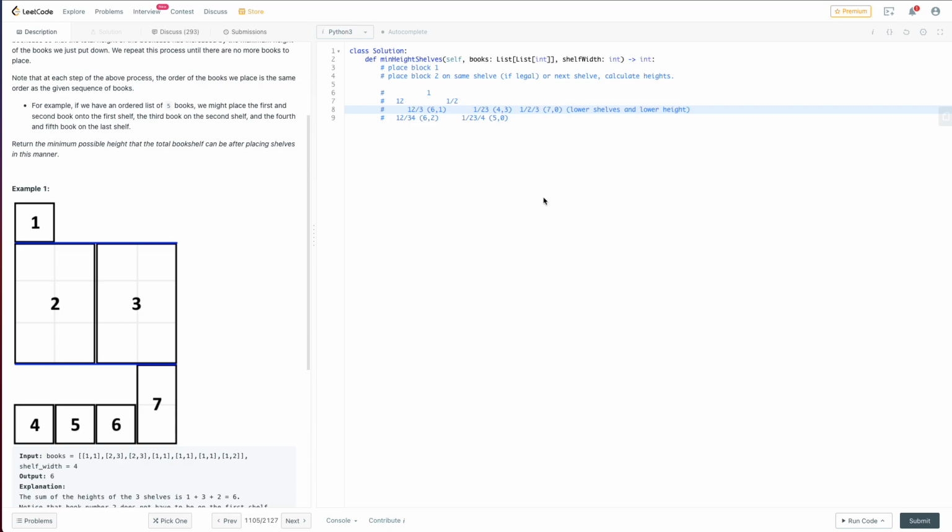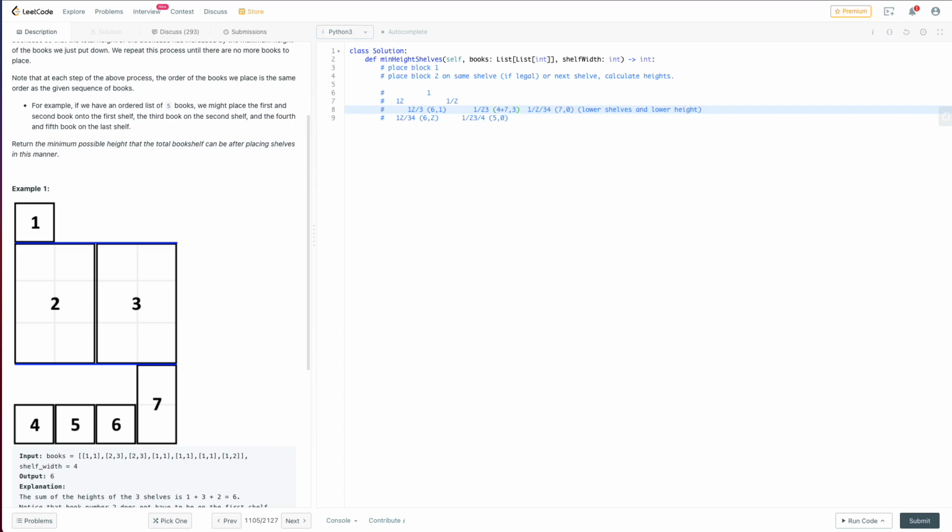Suppose this 4 had some width and it's of height 7. Then it can just remain 7 here, but here it has a height of 4 and let's say width 2, 7, then actually this will need to go like 4 plus 7.